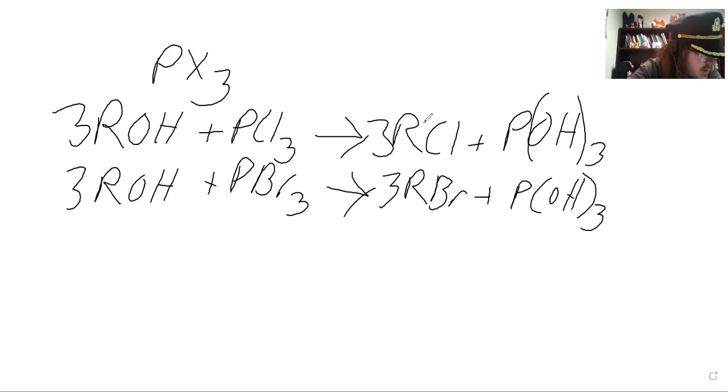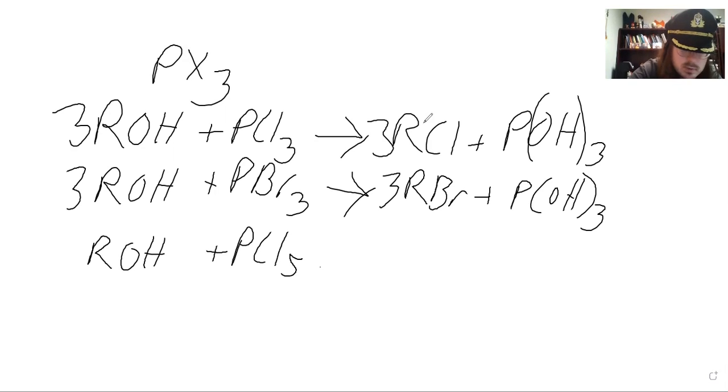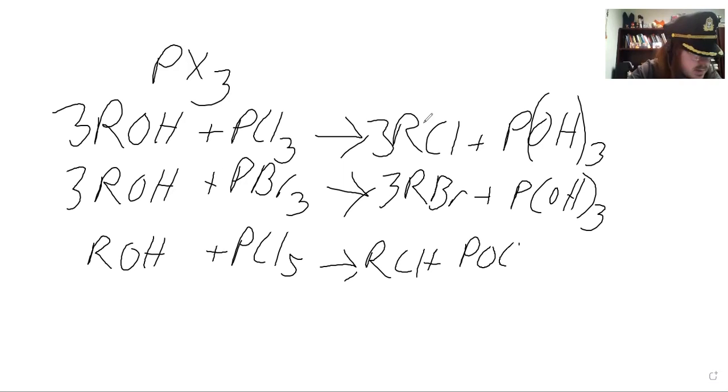Or instead of PCl3, we could do this with PCl5. ROH plus PCl5 will give you just 1 equivalent of RCl. We'll get some POCl3 and HCl.